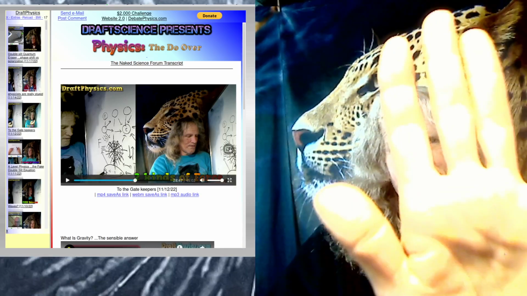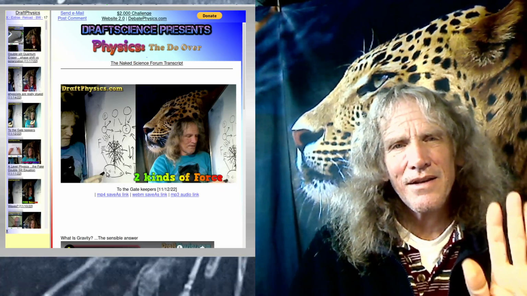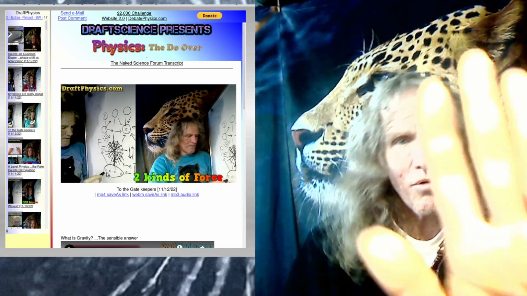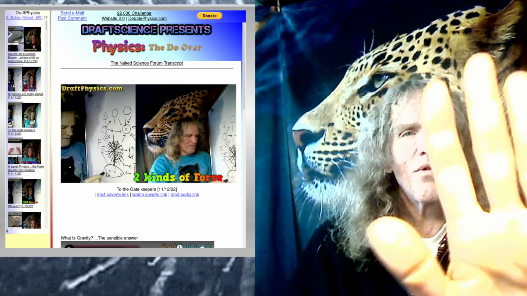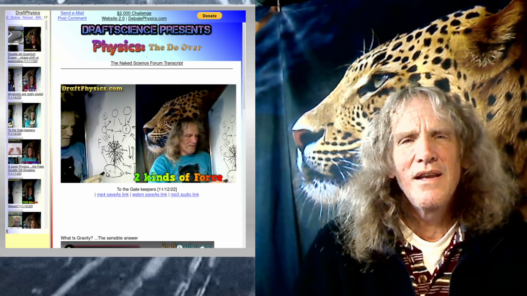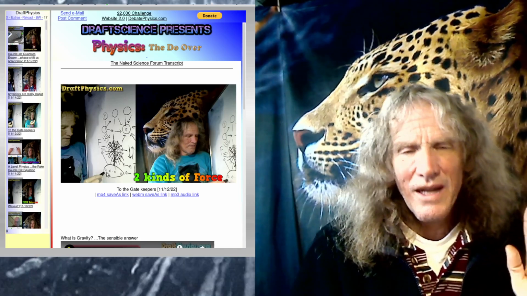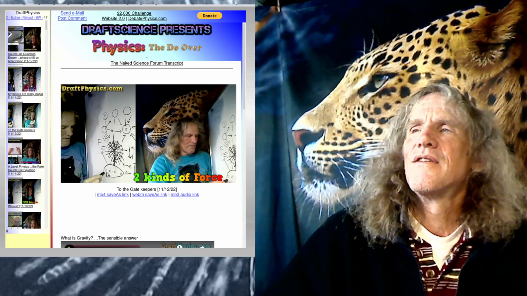I move my hand forward, I compress all the light in front of my hand, and you'll actually get more light because my hand moved forward, compressed the reflections, and created more reflections in the direction my hand's moving. And if I reverse it and move the other way, I create less reflections. Just a fact.